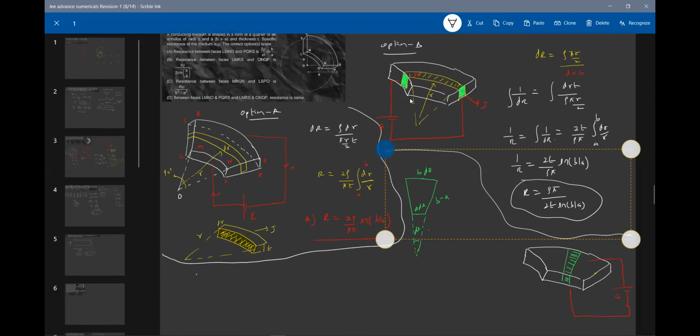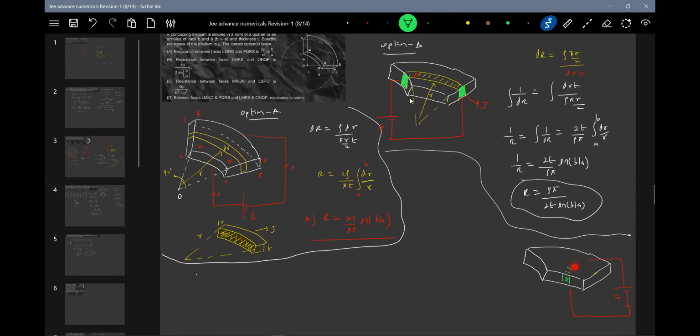We can go for strips of thickness dt. So here you mean to say like this. I'll bring a better diagram here. dt.